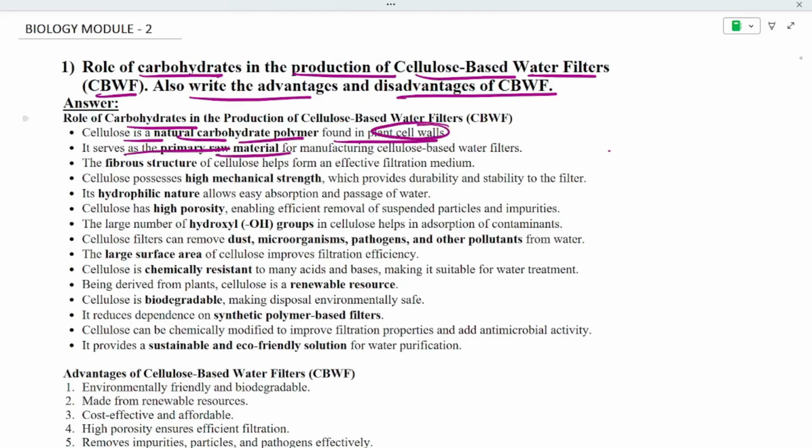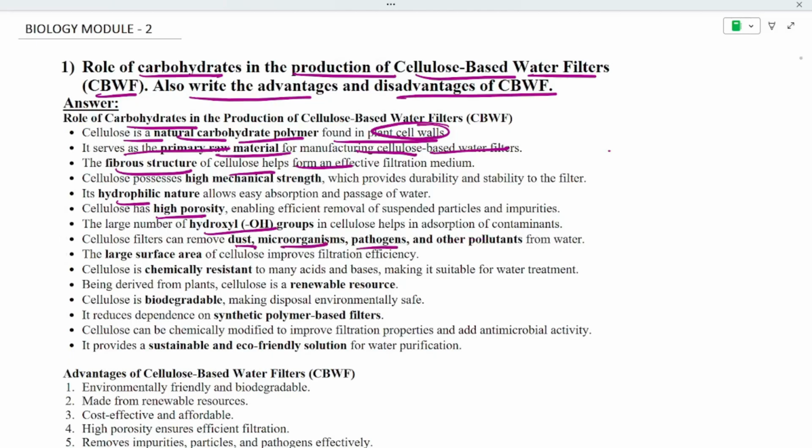It serves as the primary raw material for manufacturing CBWF, and the fibrous structure of cellulose helps form an effective filtration medium, and it also has high mechanical strength. It is hydrophilic in nature, has high porosity, and has the hydroxyl group, that is the OH group, and it removes dust, microorganisms, pathogens and other pollutants.